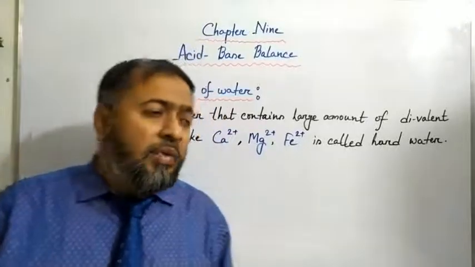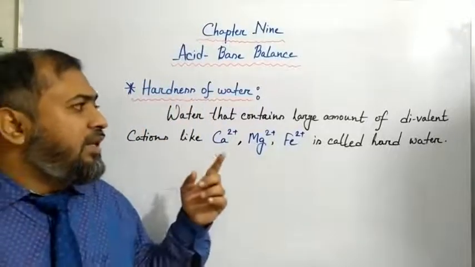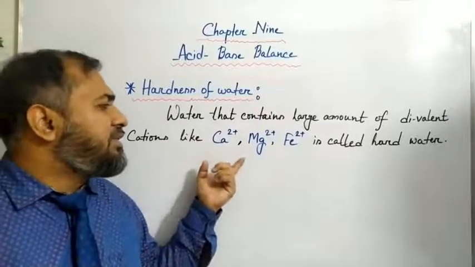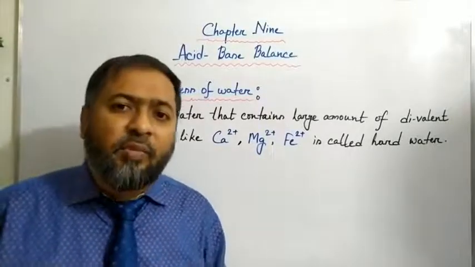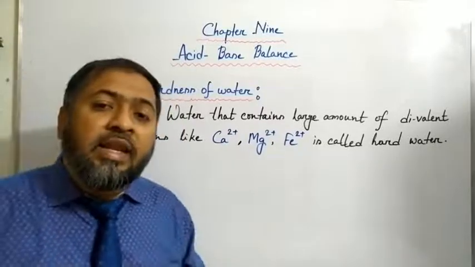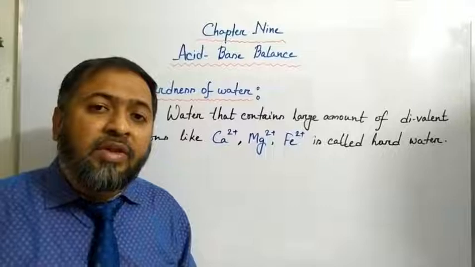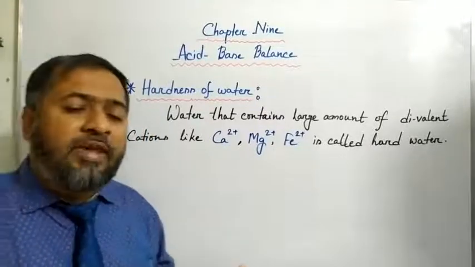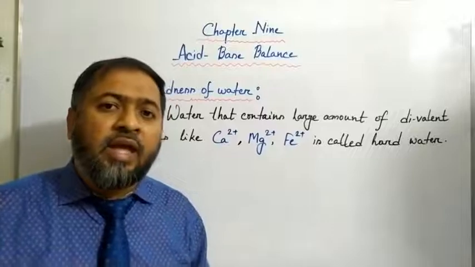Hard water contains a large amount of divalent cations like calcium, magnesium and iron. I repeat once again the definition of hard water. Water that contains a large amount of divalent cations, calcium, magnesium and ferrous ions, is called hard water.